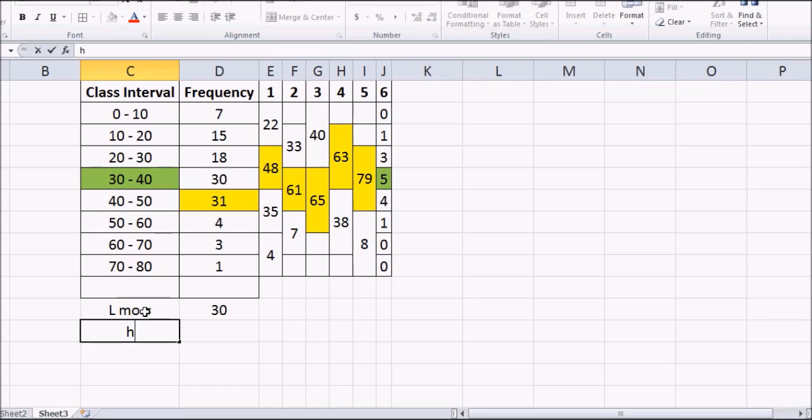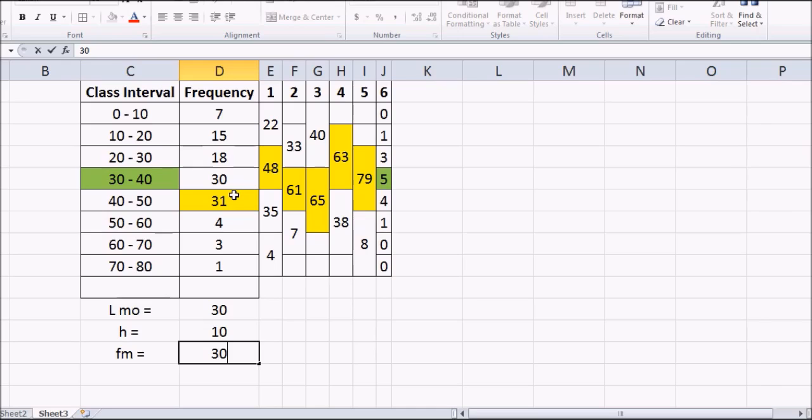Width of the modal class, that is h, here is 10, 40 minus 30. Then we have the frequency of the modal class.